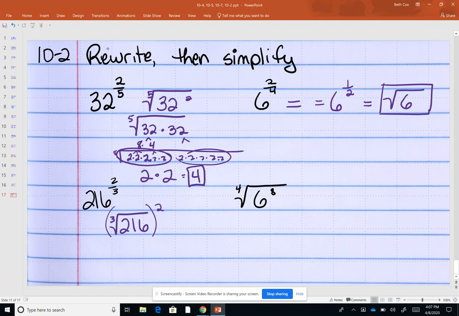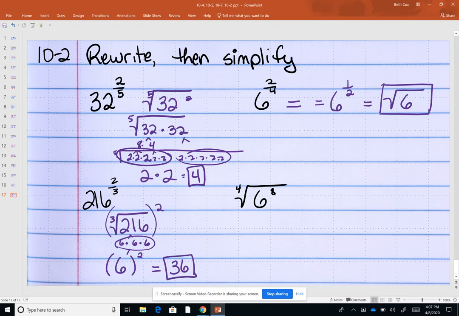All right, so 216. If you look on your power sheet, you'll see that it's 6 times 6 times 6. Ooh, it is, isn't it? And so all 3 of them get out because we're doing the cubes. And then 6 to the 2nd power is 36. I could have done it differently, but I'd still get 36.